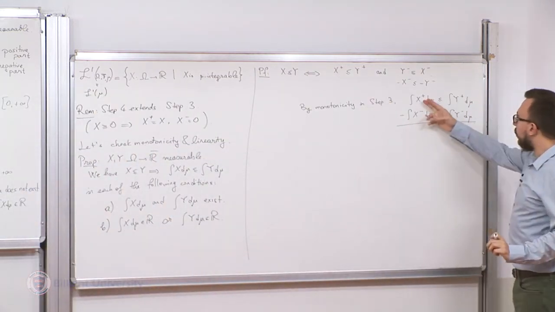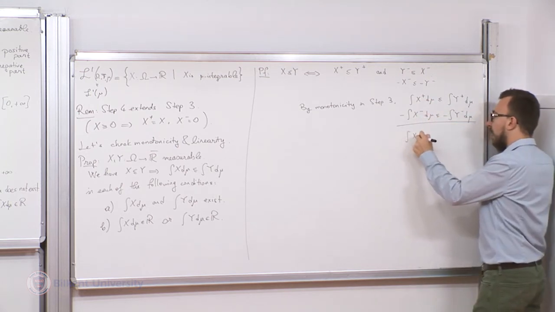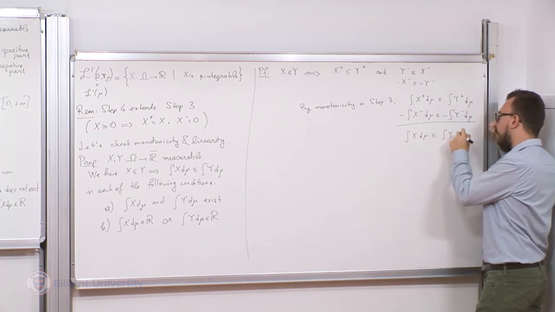So all we need to do is to add those two equations and get the integral of x d mu is less than the integral of y d mu.